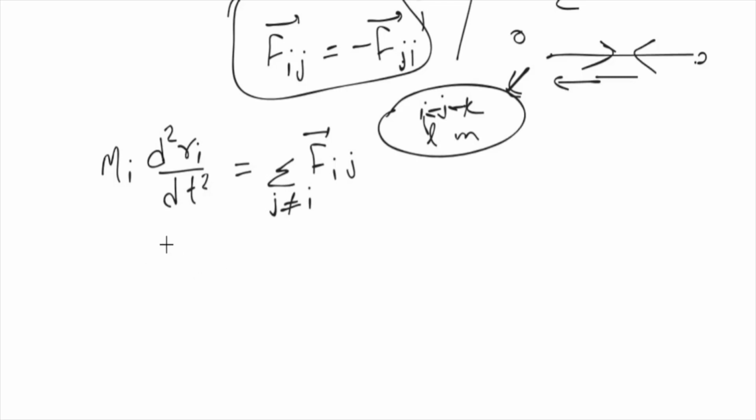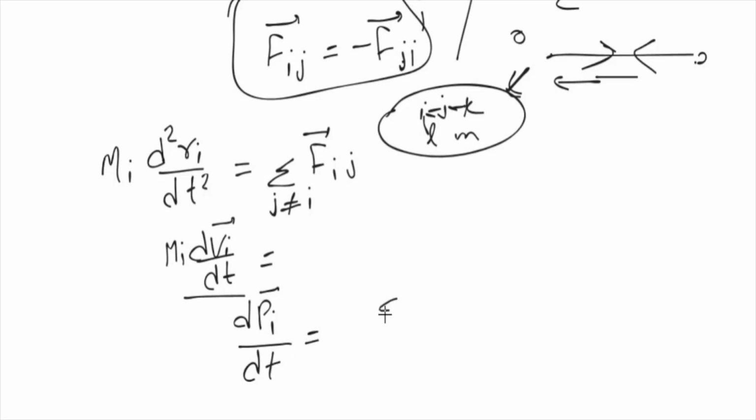So we can also write it as m_i dv_i upon dt is equal to, it can also be written as dp_i upon dt is equal to the summation over j is not equal to i of F_ij, or it's just the derivative of the momentum of the ith particle.